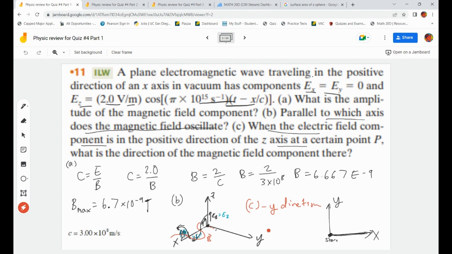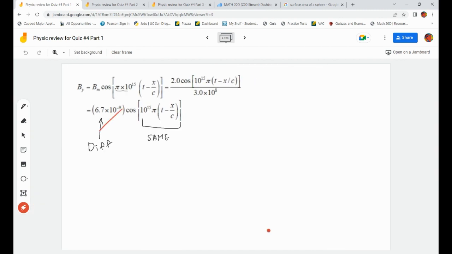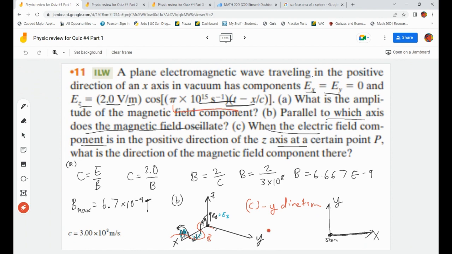Therefore, in the instantaneous moment when the electric field is going positive y, z, the direction of that is, oh, this is pointless, but I don't know why they put it in here. That's what I was confused about. But apparently this doesn't change. I was shocked that this doesn't really change over here.